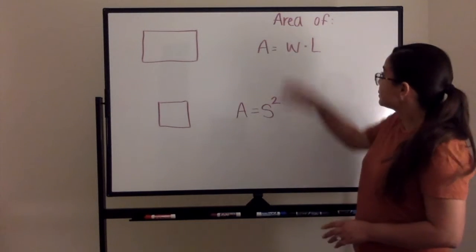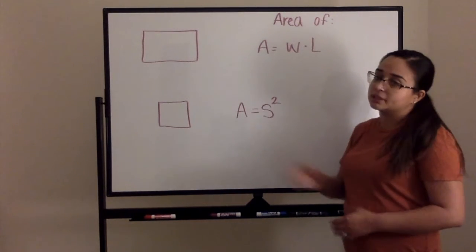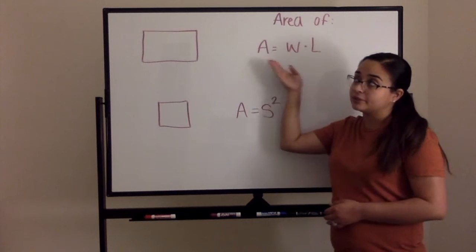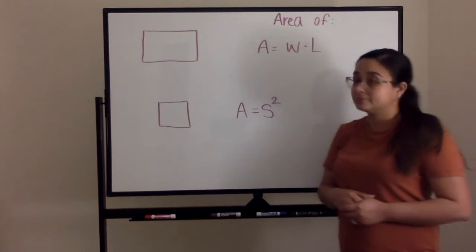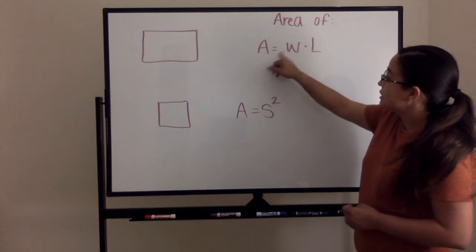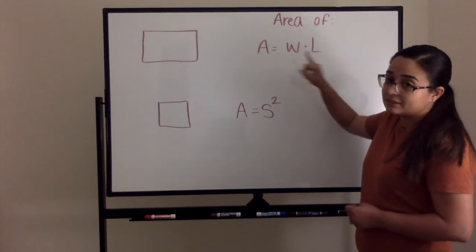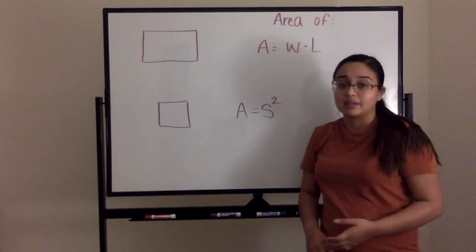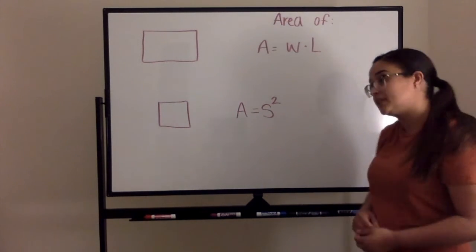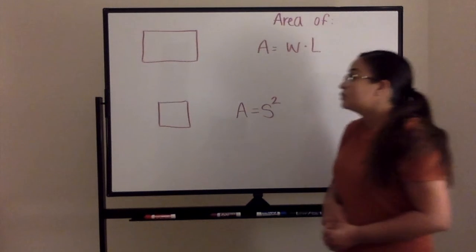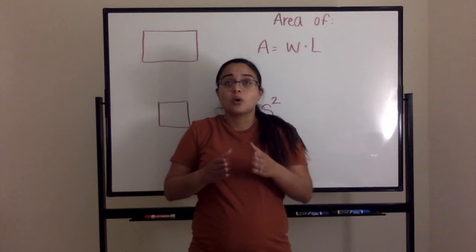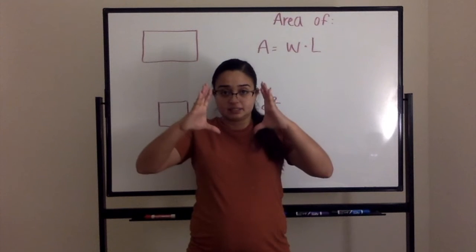Now, I put up two area formulas. This is the formula I would use to find the area of a rectangle. A equals width, that's why I put W, times length, L. Now, width is how wide it is.